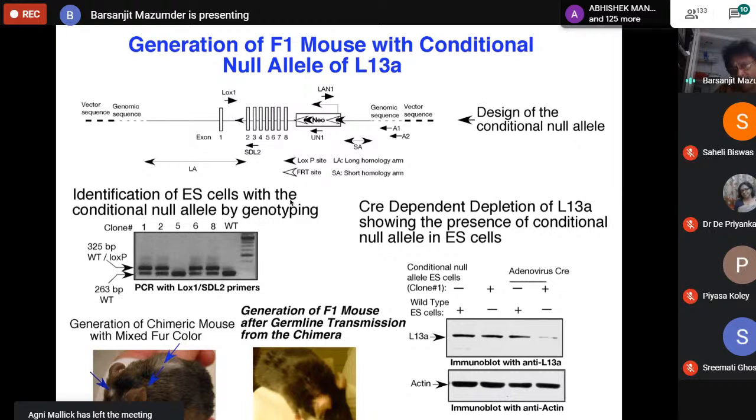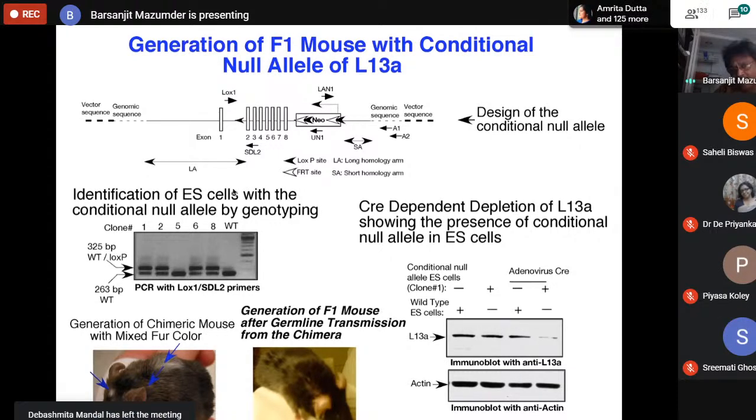This model was entirely generated in my lab. So we actually put the LOX P site into the genome of L13A. This is the exon intron boundary. So we put the LOX P site into the region between exon 1 and 2 and then at the end, so that this genome is technically called floxed genome.